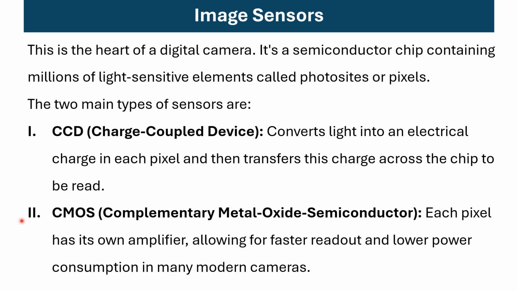Due to its faster speed, amplification of each pixel, and low power consumption, it is more usable in many modern cameras compared to the CCD, or the charge coupled devices.